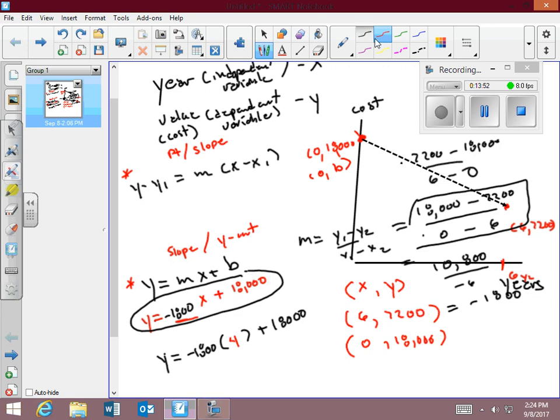So this, when I figure it out, is going to be y equals 4 times 1,800 is 7,200, is that right? Plus 18,000. So after 4 years, it's worth what? $10,800, right?